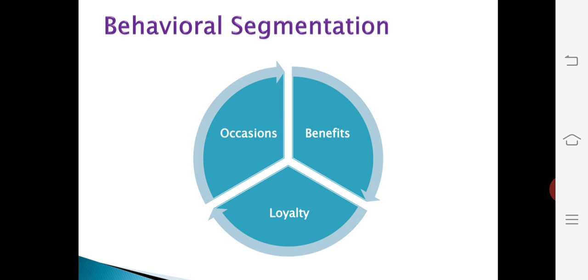The same ready-made garment producer may design varieties of garments targeting various occasions, like office dresses, dresses for wedding parties, or dresses for fun activities. That is called occasion.